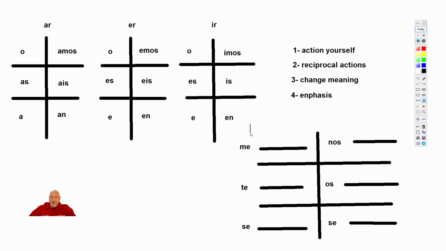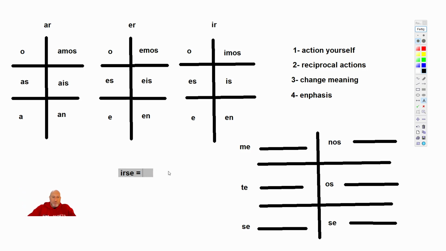So for example, the verb ir is the verb to go. But the verb irse, that se makes the verb have a different meaning. It would be use number 3. It changes its meaning. Now it's to leave a place, to leave a place where you were, to go out.